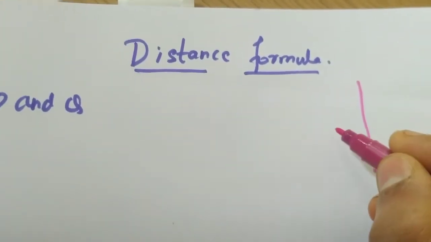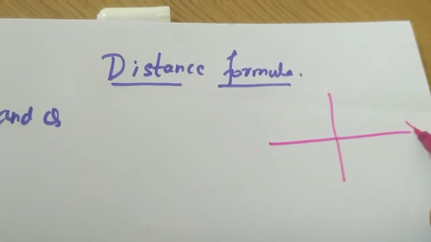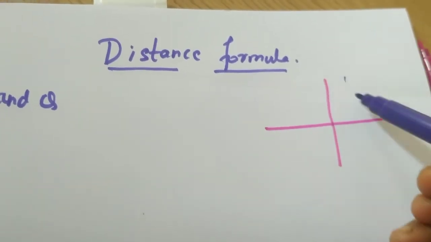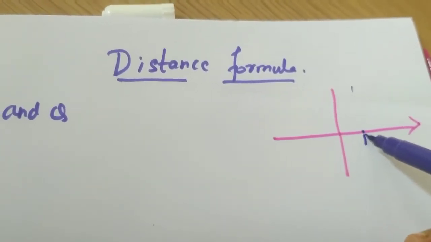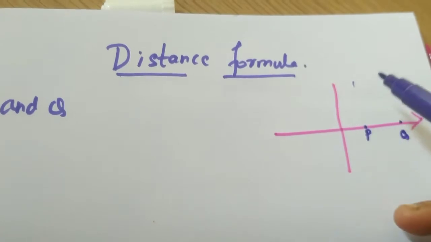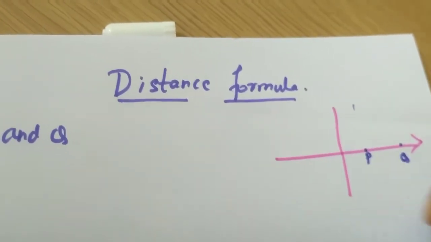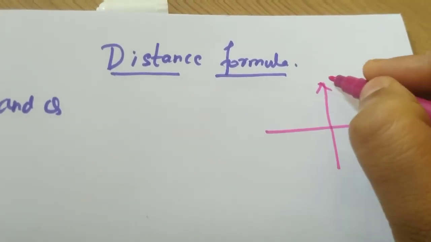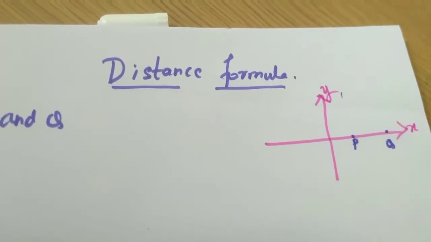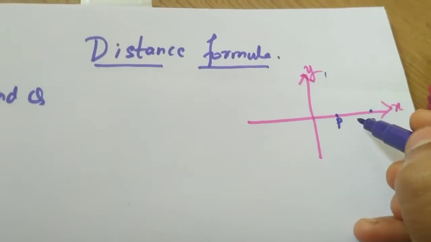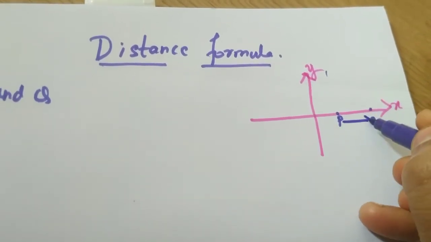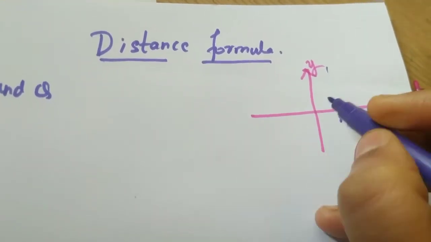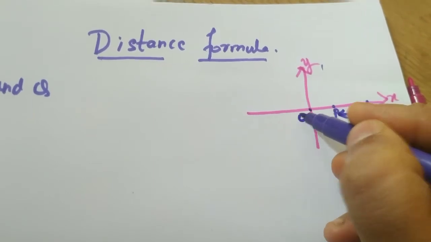So we have 2 points, say P and Q, they completely lie on x-axis. And I want to find the distance of PQ and keep this as origin.